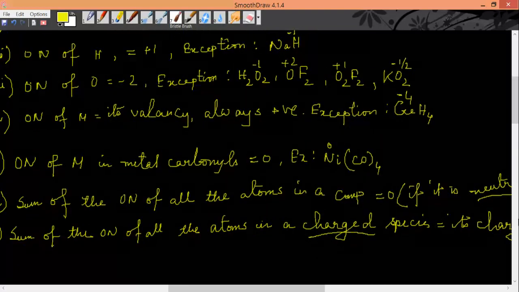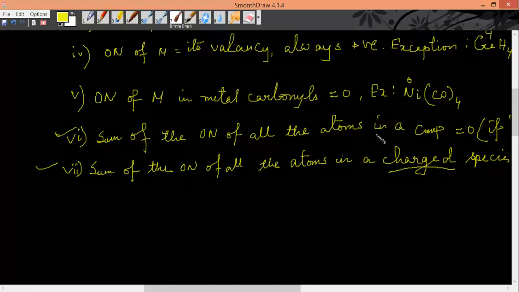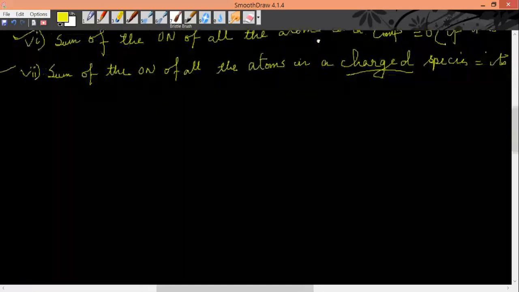Just keep in mind these 7 rules and then you can solve any problems from oxidation number calculations.